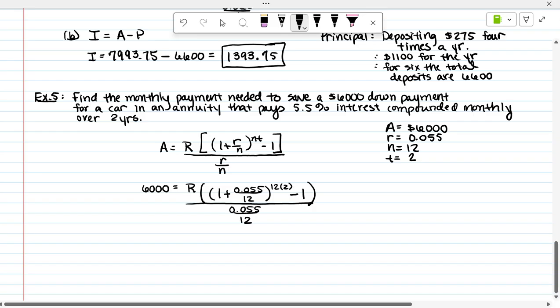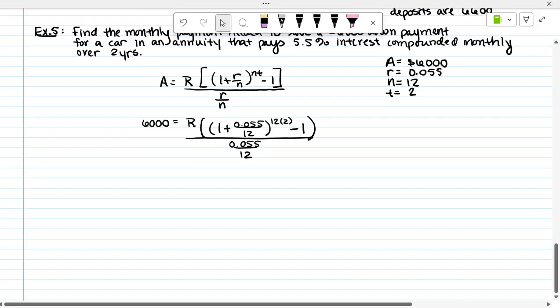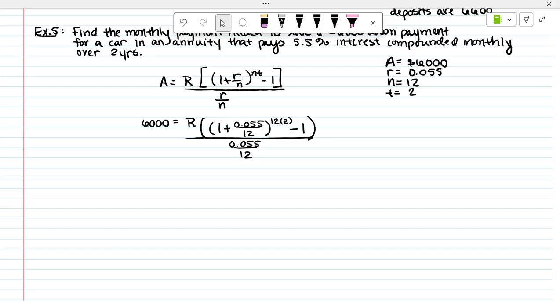I'm going to take that 0.055 over 12 and find out what that is. I don't generally suggest you do things like that, because y'all want to start chopping off decimals, and that's not good. But you kind of need to on here. Write some decimals down. We could do it without... How do we get rid of the 0.055 over 12 from that denominator?